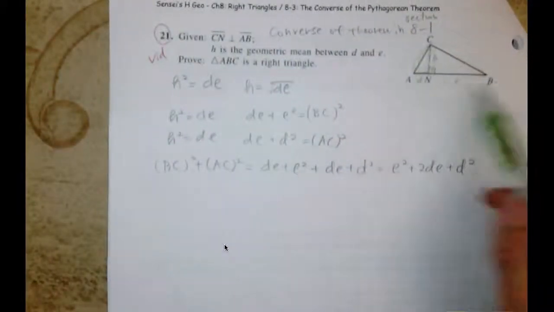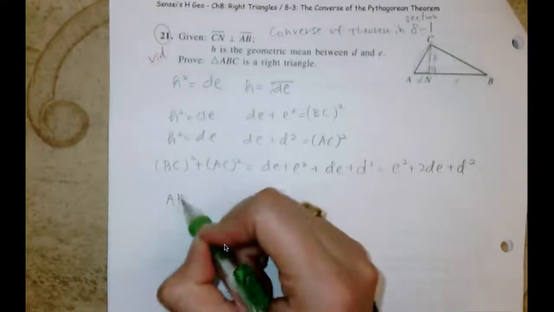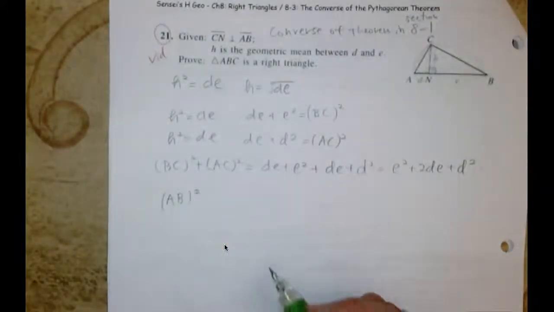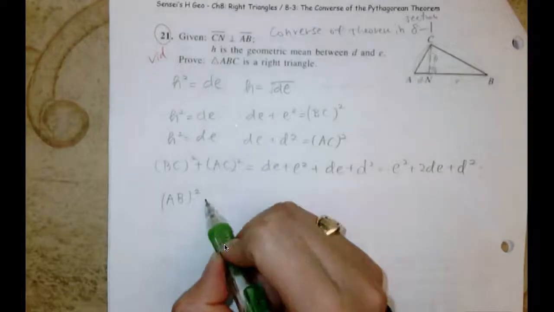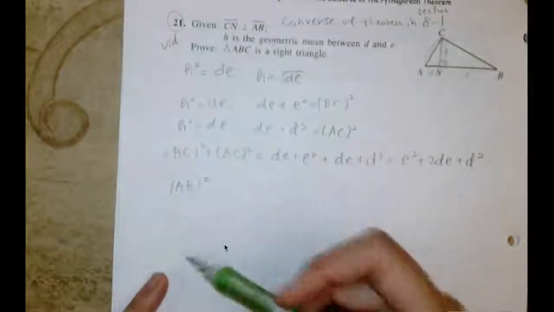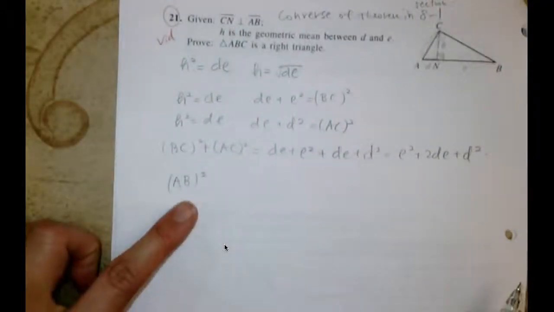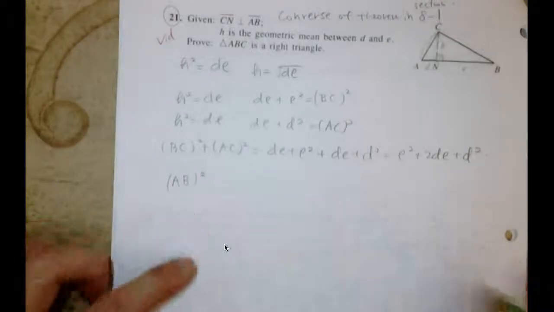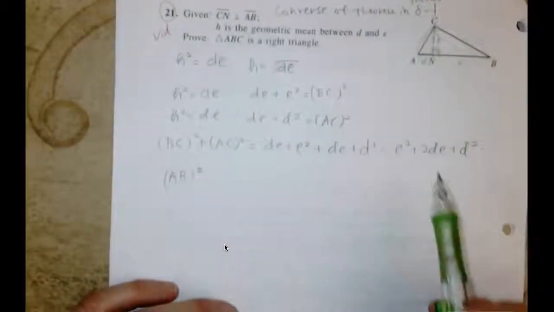And AB square, well, actually I have to work backwards, but I show you how. I have to show you this, otherwise you won't get it. And then I have to write it in reverse to be a proper proof.